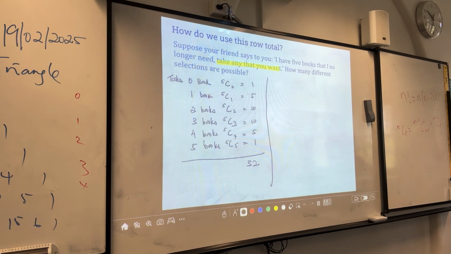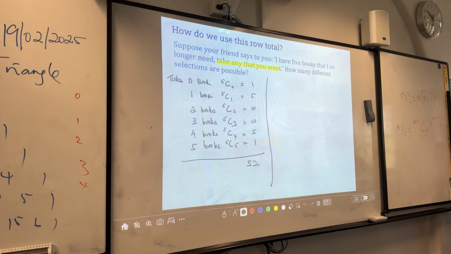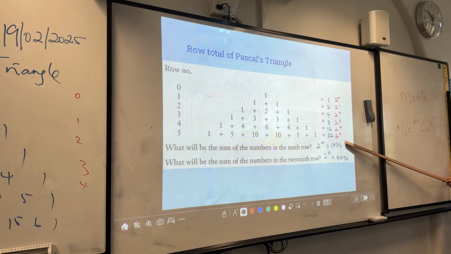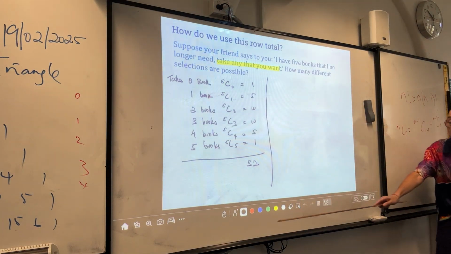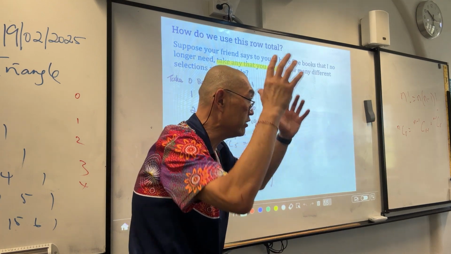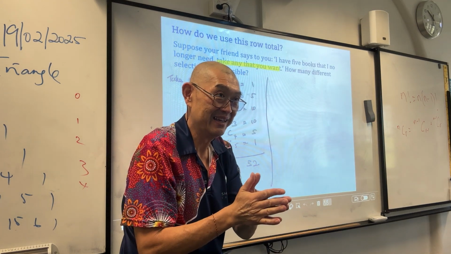Think about how you're going to use this. How is this linked to your Pascal triangle? Row 5. So you've got 5 books that you want to pick. Now, let's say these 5 books are actually the universal set. How many subsets could there be?